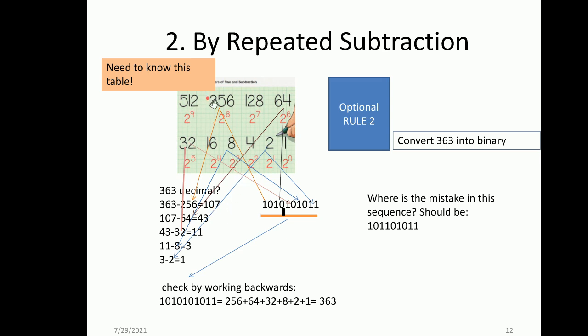So what I've done here is to write a 1 corresponding to 256, and then looking at 107, I can't take 128 from it, but I could subtract 64.